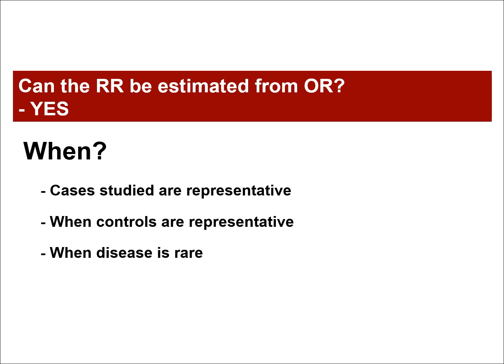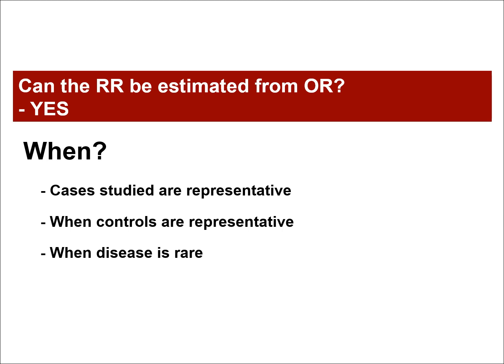The other question you might want to ask is, can the relative risk be estimated from the odds ratio? The answer is yes, right? If you remember when I was talking about the case control studies, I said the only measure of association that can be estimated from case control studies is the odds ratio. However, for cohort studies, you have the ability to estimate both the relative risk and the odds ratio.